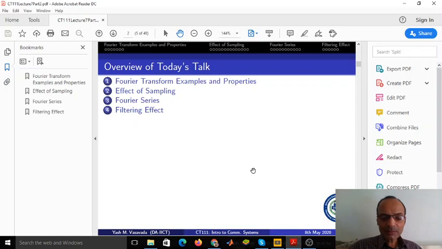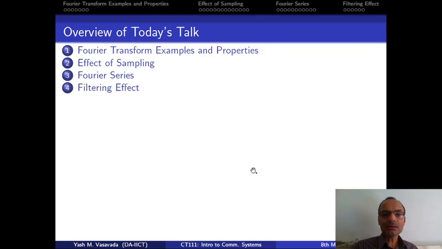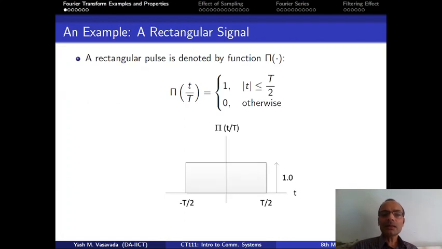Okay, so now coming back to our main topic, let us consider the Fourier transformation of a rectangular pulse. A rectangular pulse has this mathematical symbol.